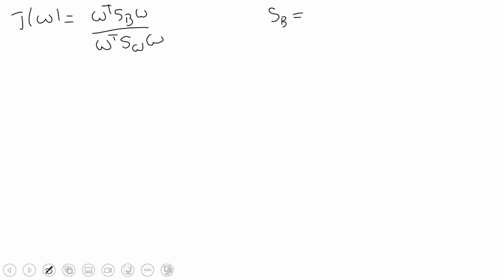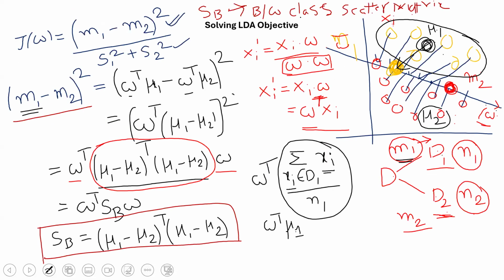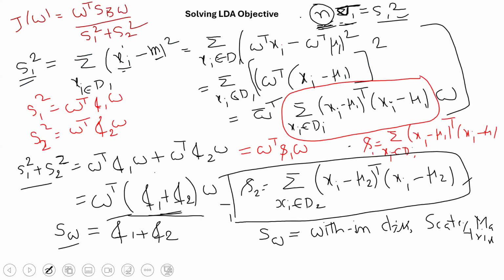What is SB? What is the formula for SB? SB is nothing but mu1 minus mu2 whole transpose into mu1 minus mu2, right?